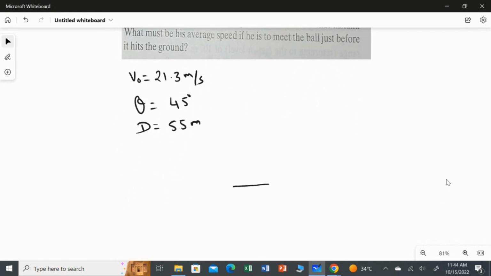So this is the ground, and here a player is going to kick the ball. So this is our ball, and when he kicks, what will happen? It will go like a projectile motion in a parabolic trajectory. Clear?